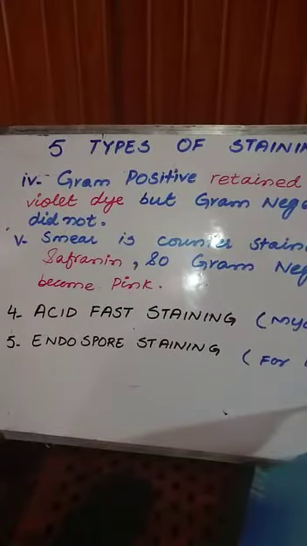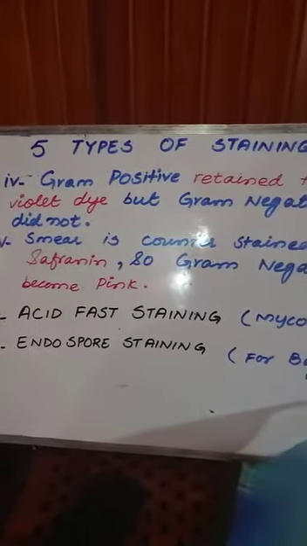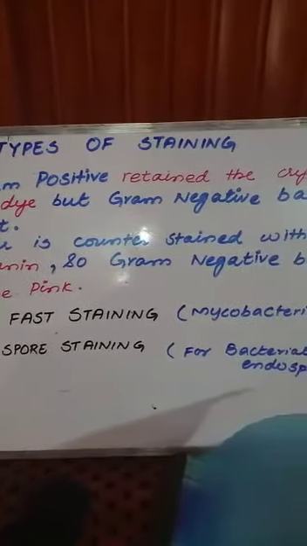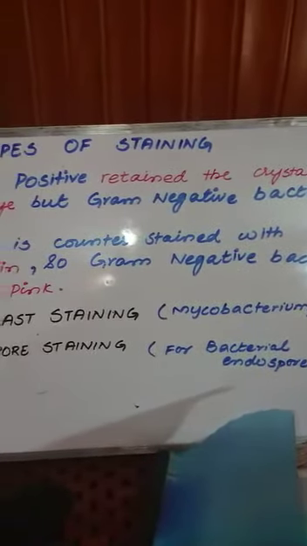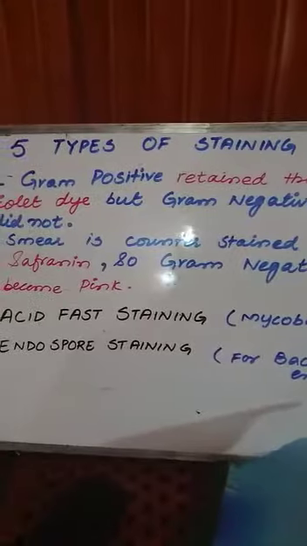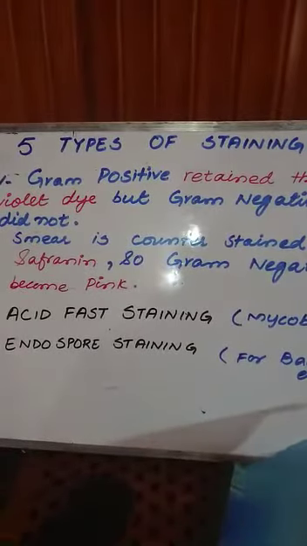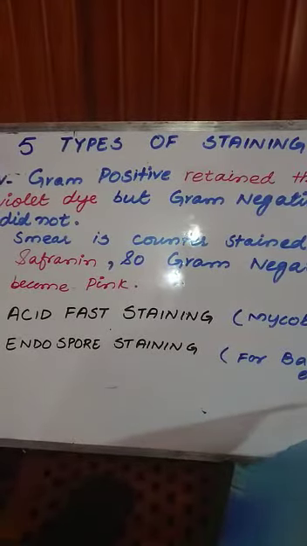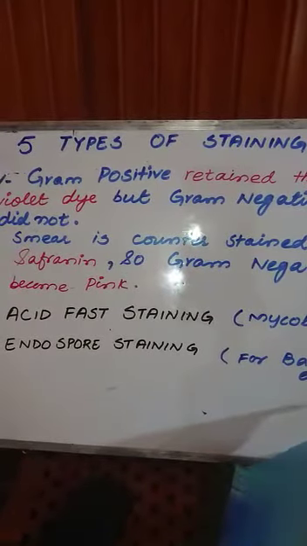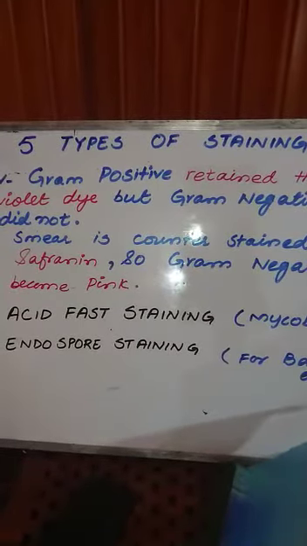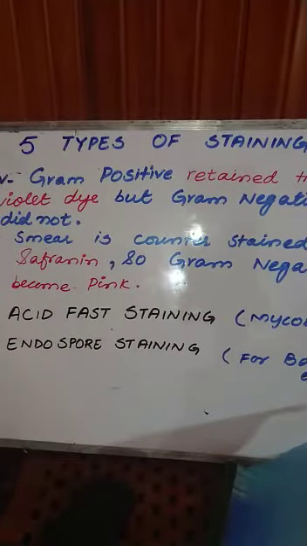Another technique of staining is acid-fast staining, which is used for mycobacterium. And another technique is endospore staining. In unfavorable conditions, bacteria start to produce endospores in order to prevent themselves from dying.